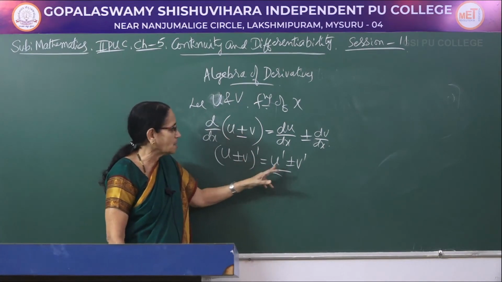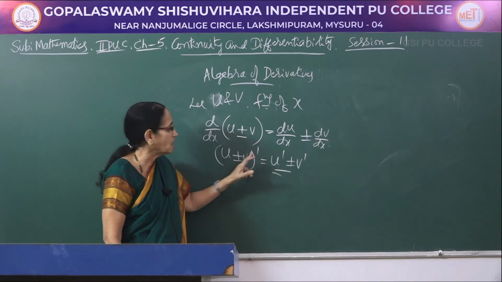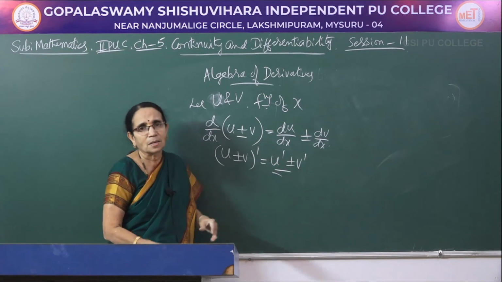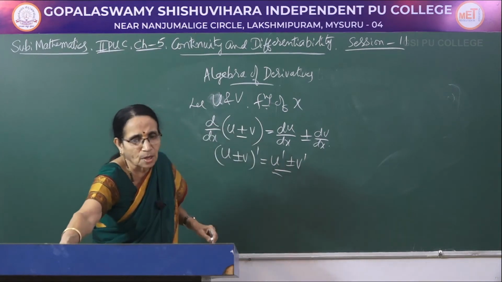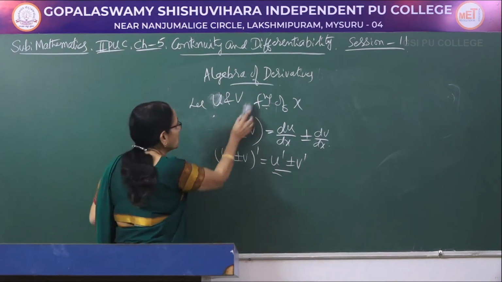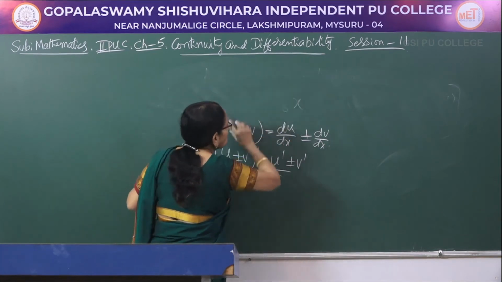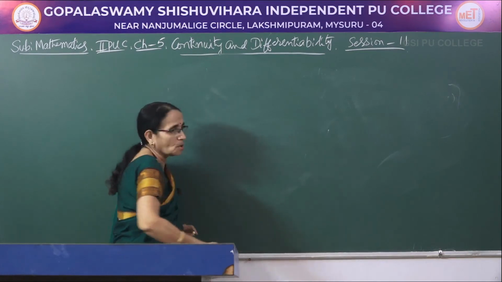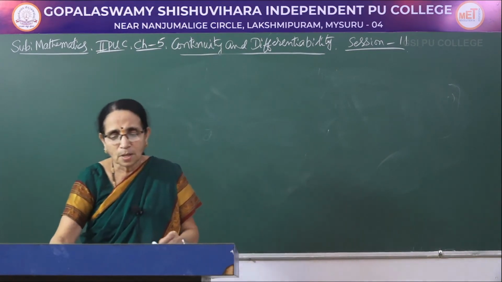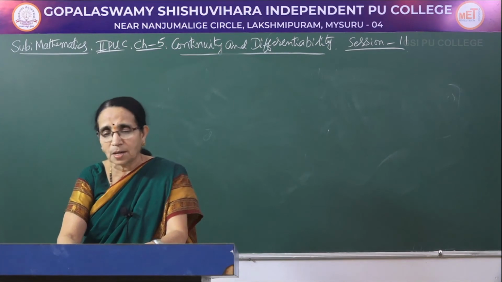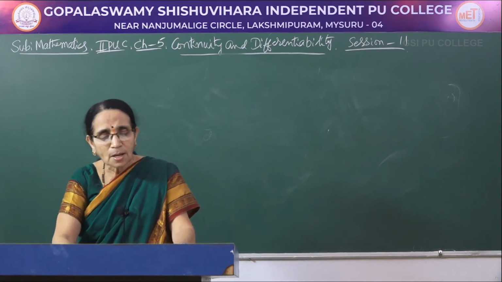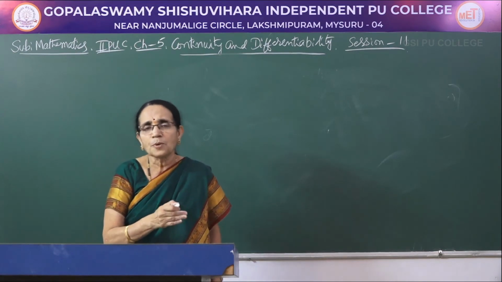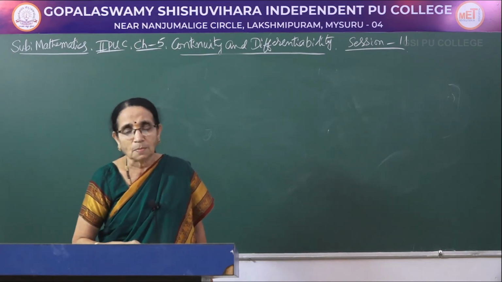Adding the functions then taking the derivative is as good as taking the derivatives then adding or subtracting. So, this is the first rule, that is, the derivative of the sum and difference of two functions. When the functions are added or subtracted, we find the individual derivatives and add or subtract them. So, the common rule for both addition and subtraction.